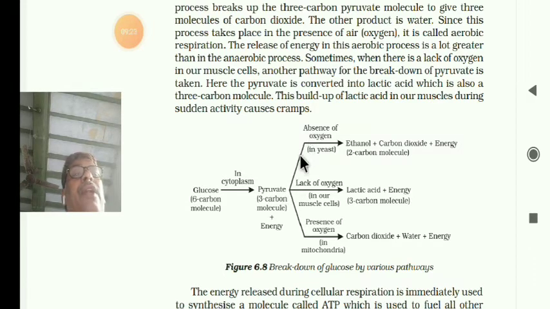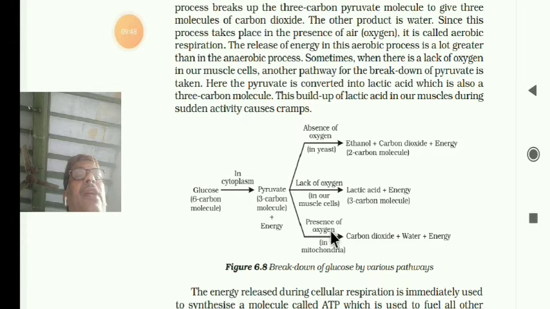Now in the third case, in the absence of oxygen, in yeast and organisms like this, pyruvate is converted into ethanol and carbon dioxide and energy is produced. That is, 6 carbon molecule changes into 3 carbon, then it will be 2 carbon.